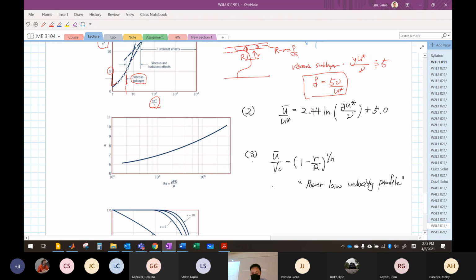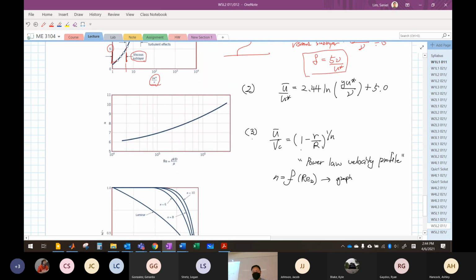So in this case, the n is a function of the Reynolds number. So what you can do is go to the graph to look up the data. Here, the procedure of the problem solving is that when you find the Reynolds number, you go to the graph here and read it.